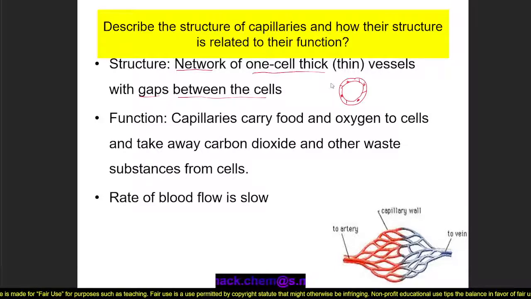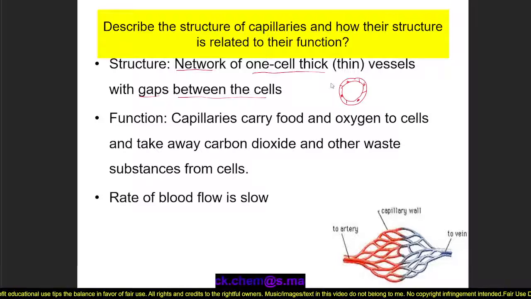As mentioned before, capillaries will carry nutrients and oxygen in the form of oxygenated blood, and capillaries must transport these substances to the cells of the body. Nutrients and oxygen have to move across the cell wall of the capillary in order to get to the cells of the body. This means the thinner the cell wall, the faster or easier this process is.